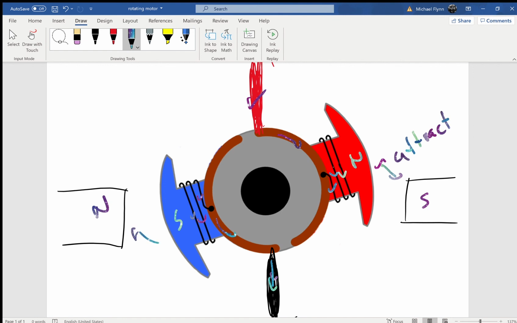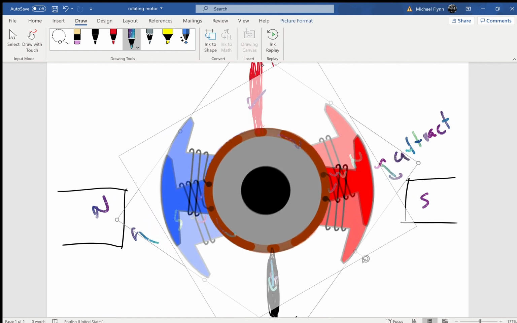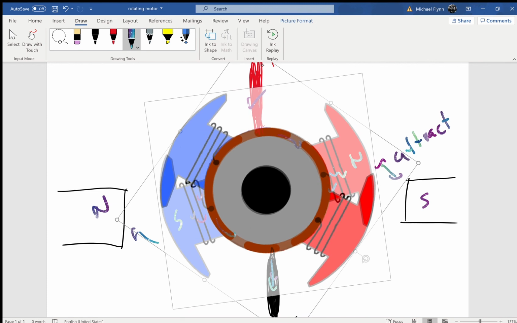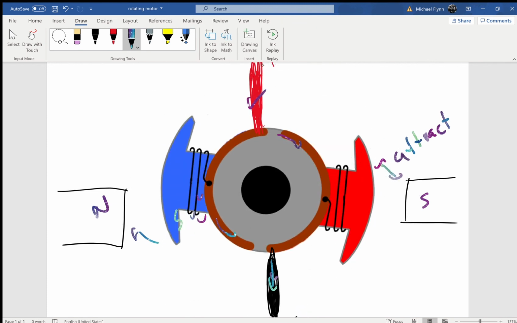So which way is it going to spin this time? Well, it's going to spin this way. And in fact, it'll keep spinning. Once it crosses here, these poles will reverse, again as soon as they cross the gap. So watch, if I trace it now, the electricity is coming out this way.